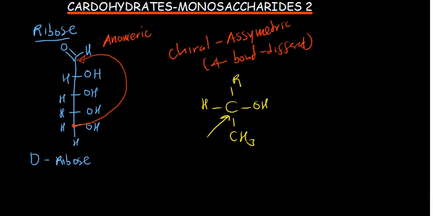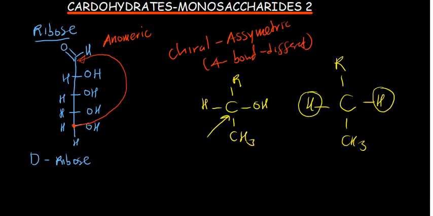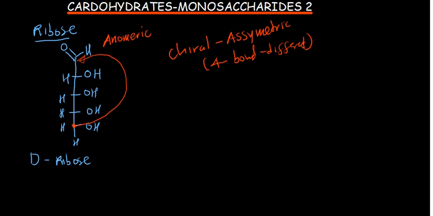If you look at this carbon here, it only has 3 bonds. So it is not a chiral carbon because it only has 3 bonds. A chiral carbon should have 4 bonds and they should be different. So if you've got a carbon like this, H, and then maybe you've got R here, and then CH3. This is not a chiral carbon. Why? Because these two are the same. All of those things around should be different. And this is an exam question. They ask how many chiral carbons are in this molecule or in this substance.